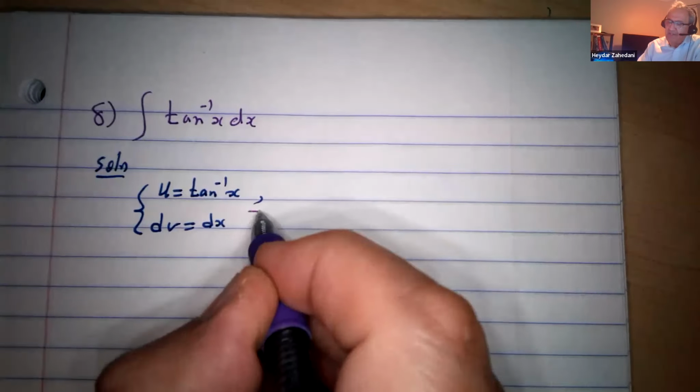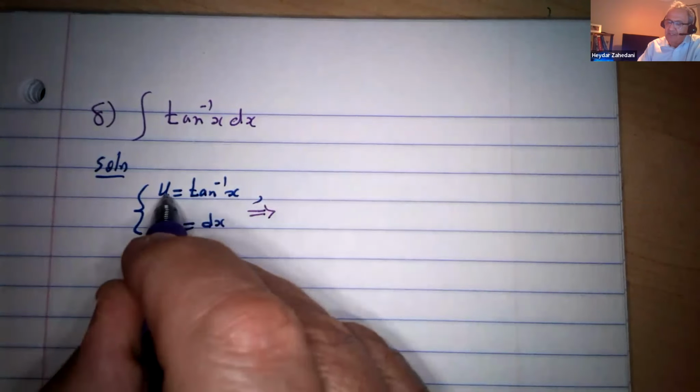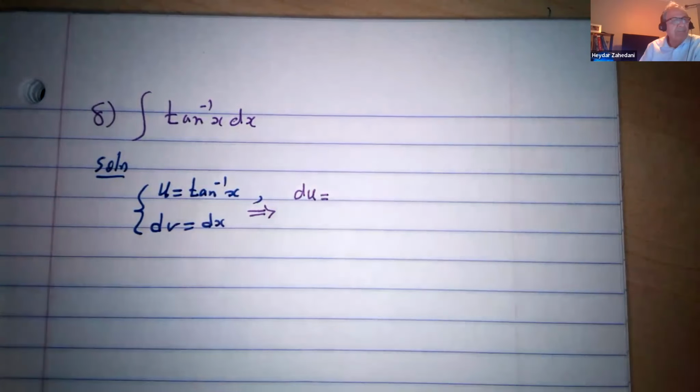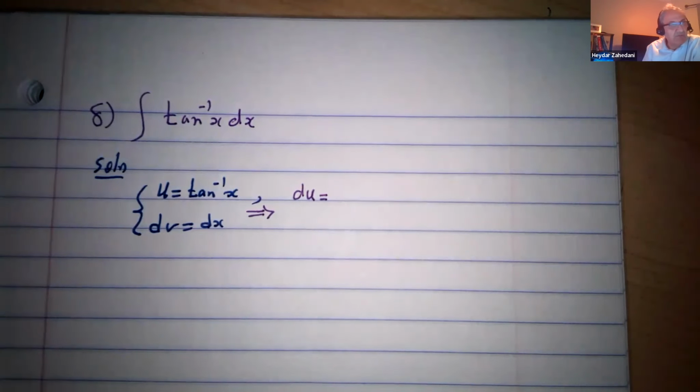Going the other way around, this is u, so we need the derivative du. That's why we studied this derivative before, remember?